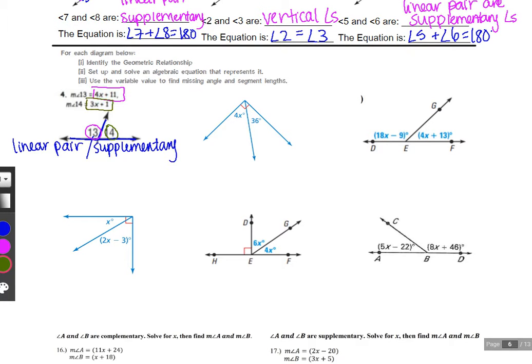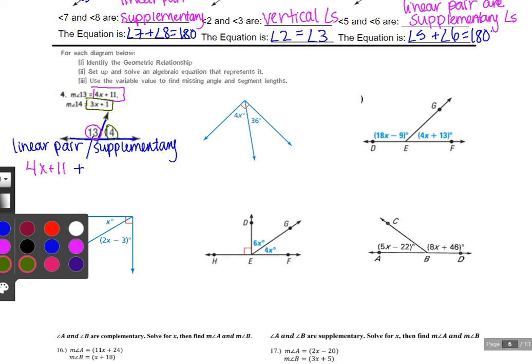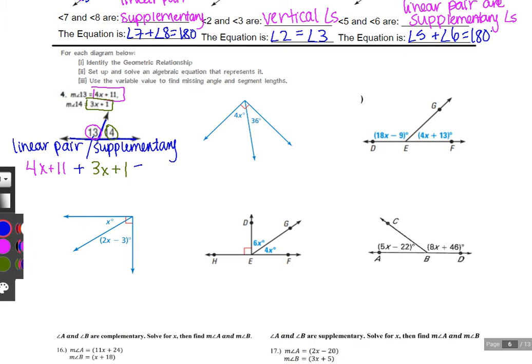So that's what I'm going to use in my equation. Angle 13, which is 4x plus 11, plus angle 14, which is 3x plus 1, should equal 180 degrees.